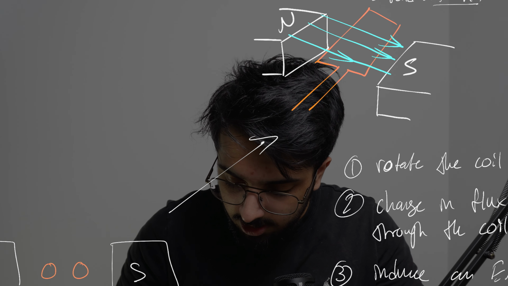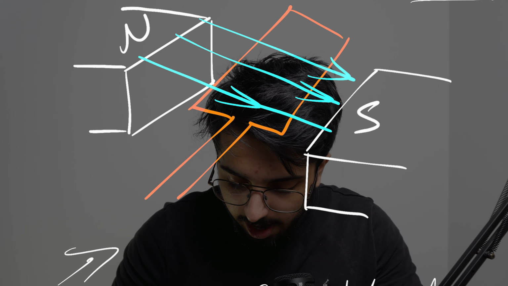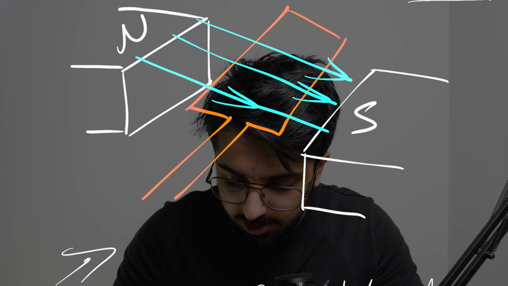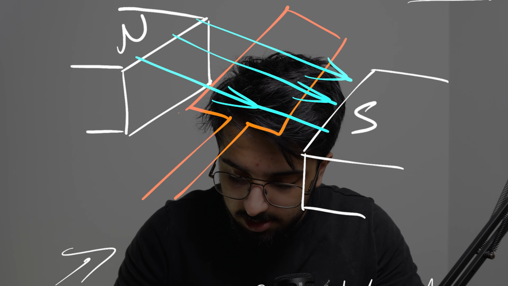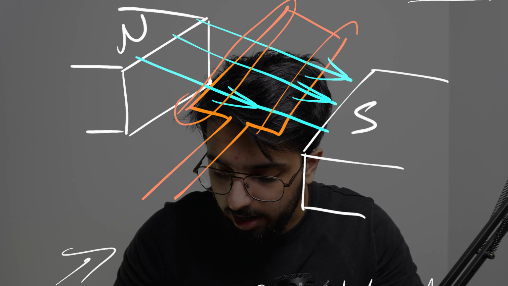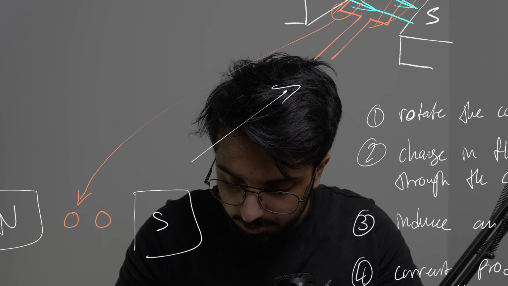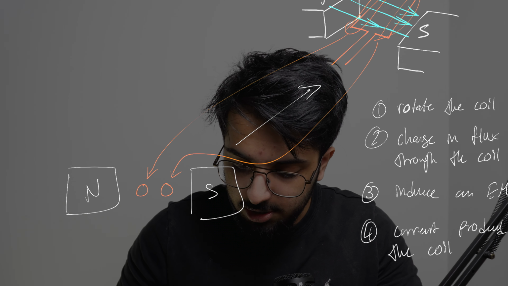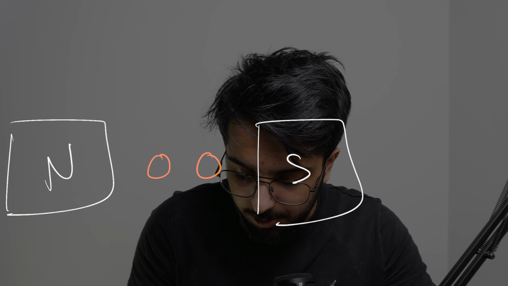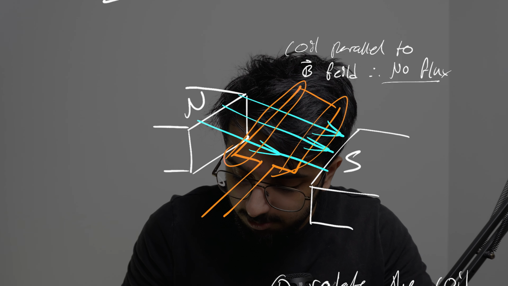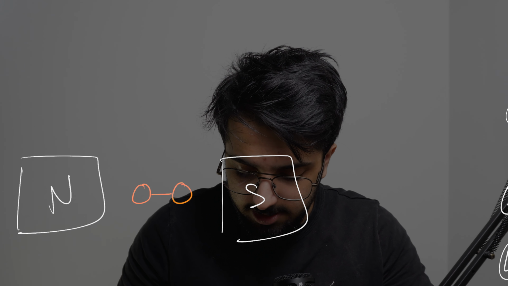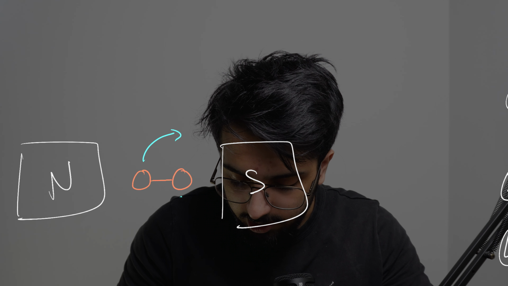Imagine these two circles are these two wires right here. This one would be this side, and this one would be this side. So imagine we're looking at it from this point of view, and we can draw this back part over here to make it easier to visualize. As this coil rotates, it's going to rotate like so.